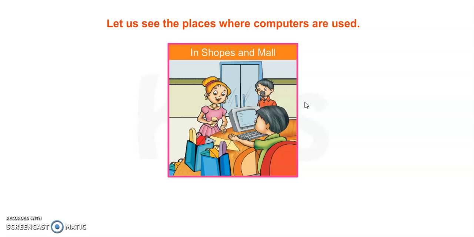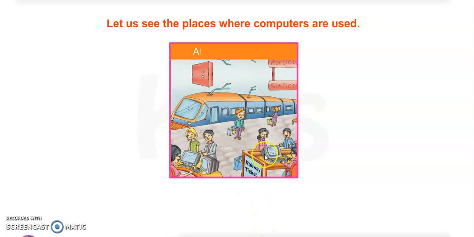When you take any product from the mall, that record is fed into the computer by the person who is giving you the bill. Typing and printing bills is also done with a computer, and sending and receiving messages too. So in shops and malls, they use computers to make bills.